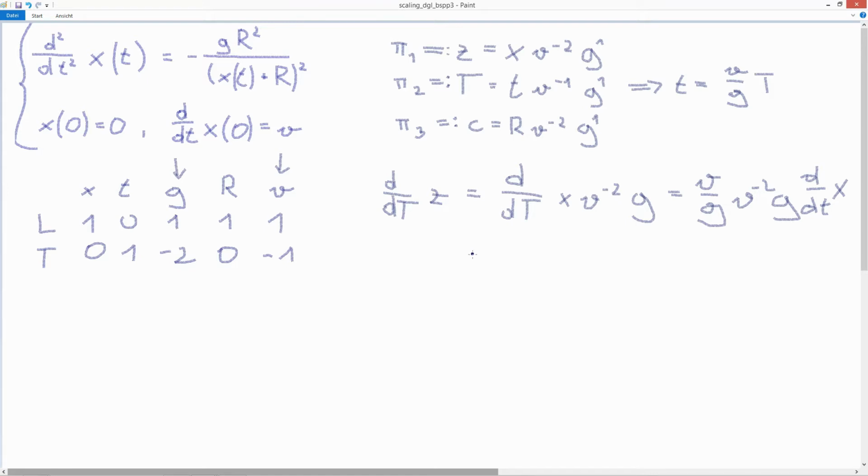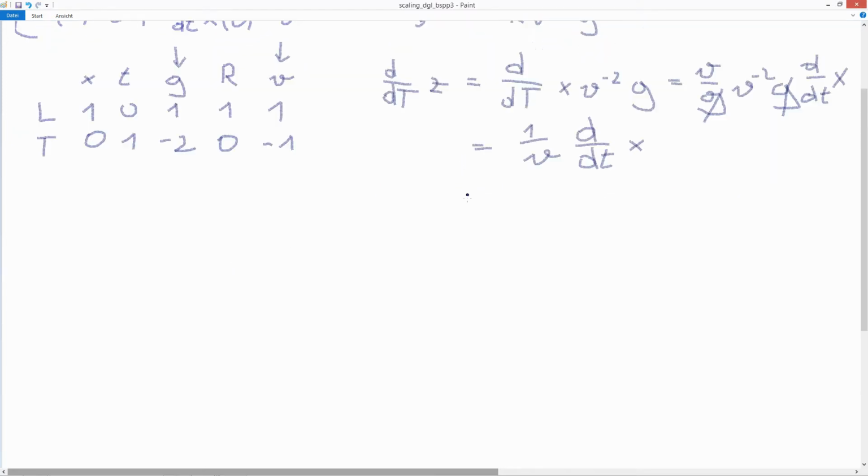Okay, we write it down one more time because this here is gone, and here we have the following. So then we have to differentiate it one more time.